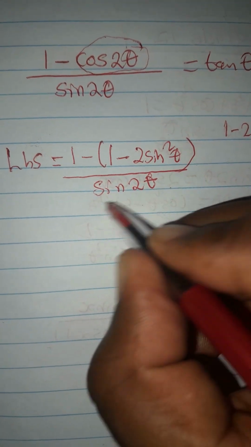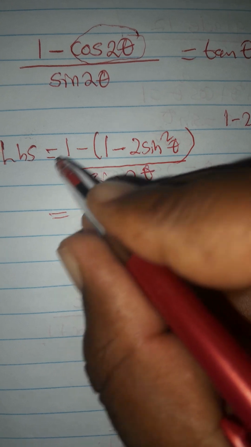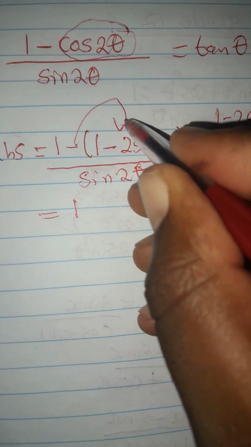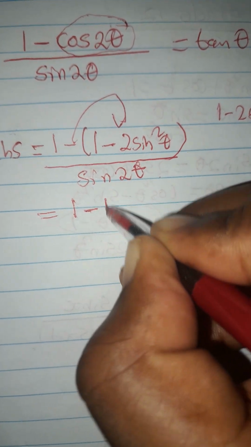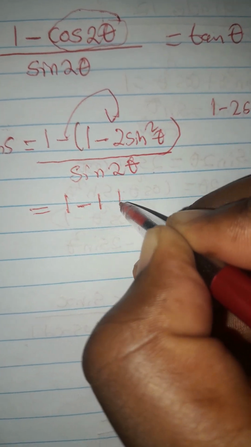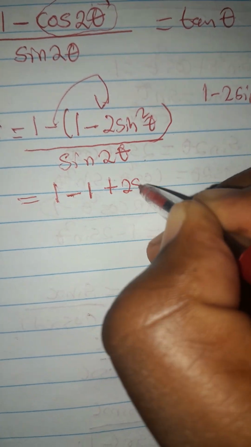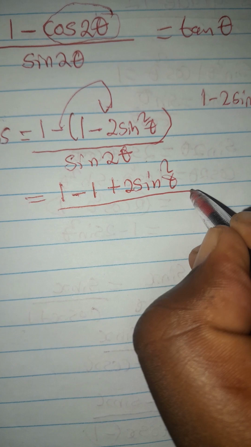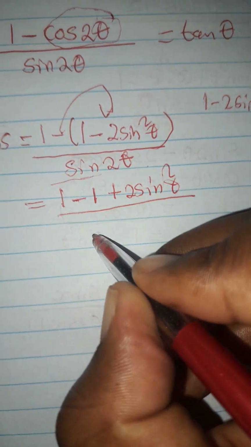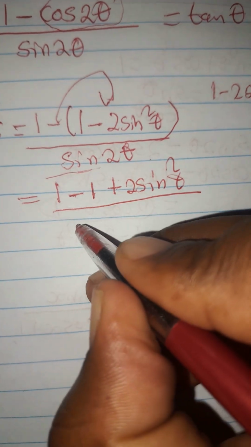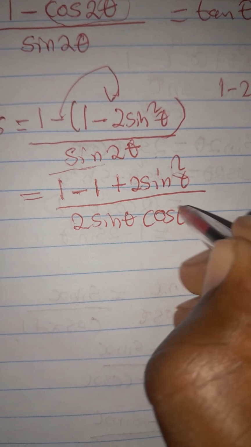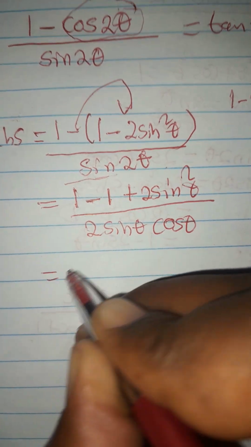For the second step, this is 1, and the negative multiplies everything in the bracket, so we have minus 1, and negative multiplied by negative 2 sine squared gives plus 2 sine squared theta. Then we have sine 2 theta, which is a double angle of sine. What we can recall is that it will be 2 sine theta as well as cos theta.